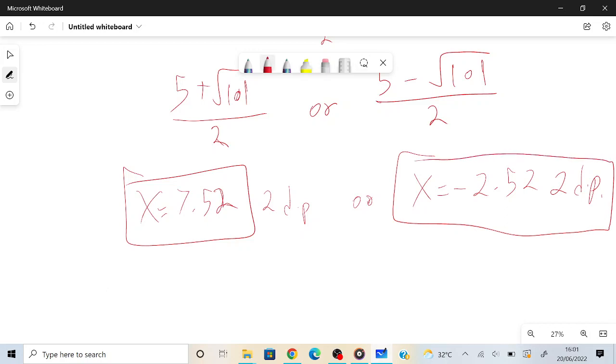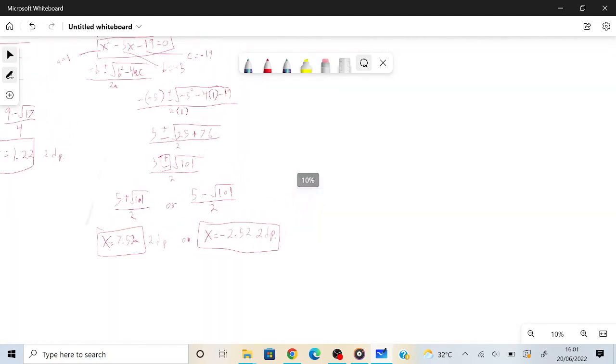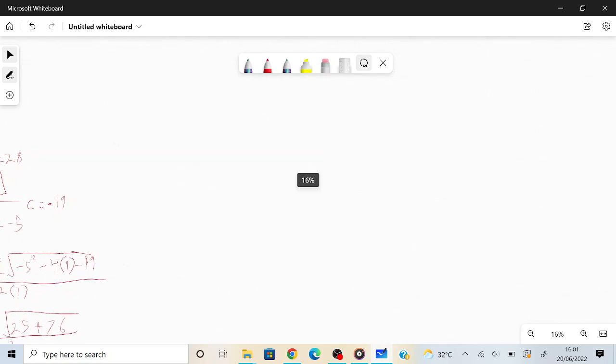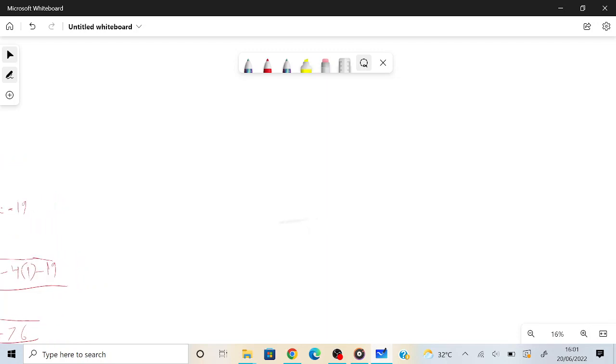So that's it, guys. That was how you solve using the quadratic equation as well. Now, a bit of a secret, let's say. If you have a scientific Casio calculator, there is a way you can solve these questions without showing your workings using the quadratic formula, or even using the factorization method.